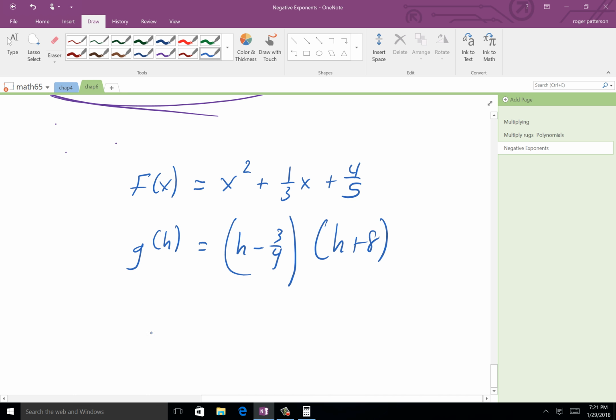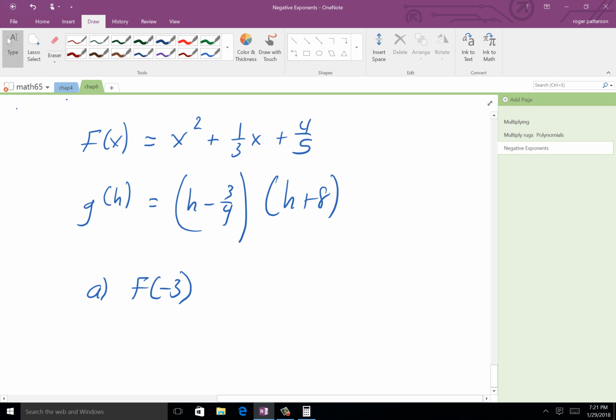So A wants us to figure out what f of -3 is. So we're going to take that -3 because this is an f of x. I know you did some function stuff in 60. So this f of -3, that -3 is going to go wherever you see an x. Alright?